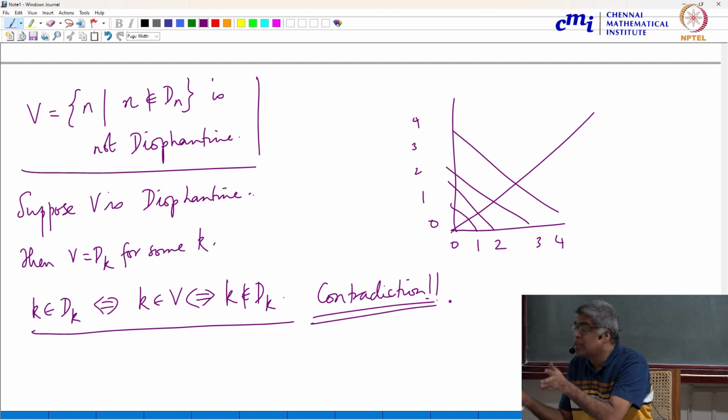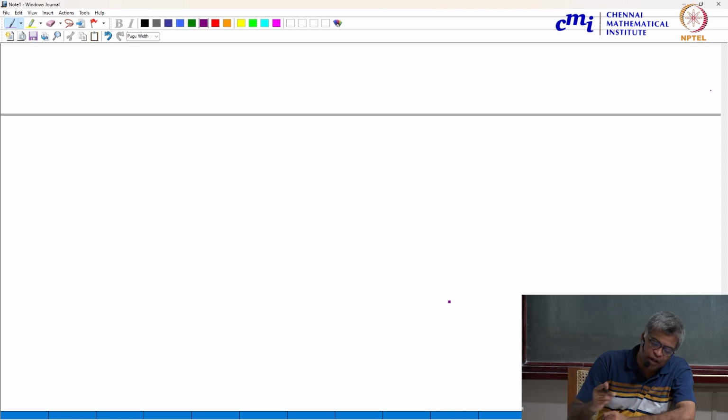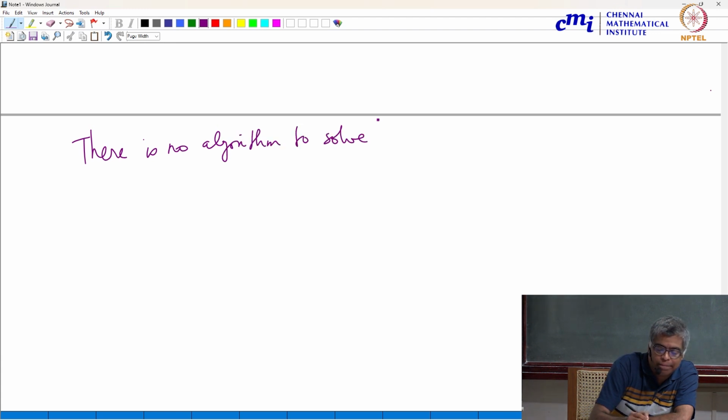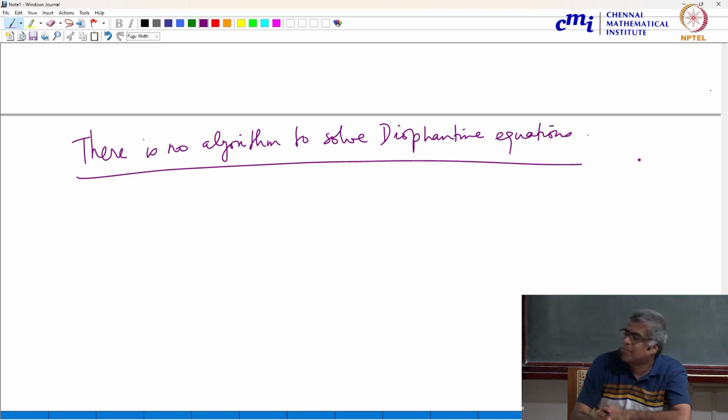So finally we have all the ingredients to show that Hilbert's tenth problem does not have an algorithmic solution. Let me at least show you that, and the rest of the details I'll just mention. So there is no algorithm to solve it.